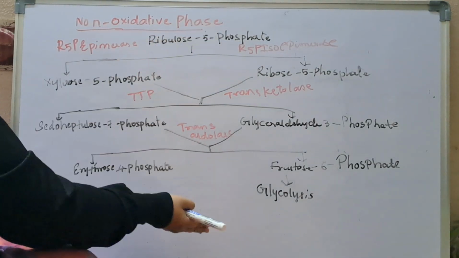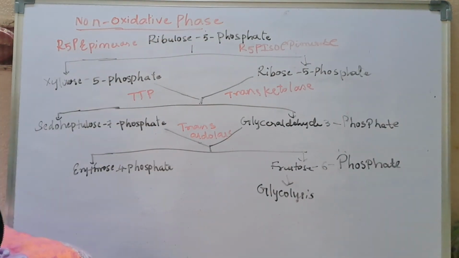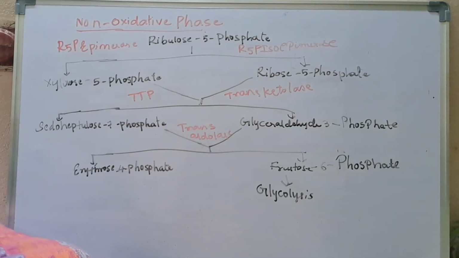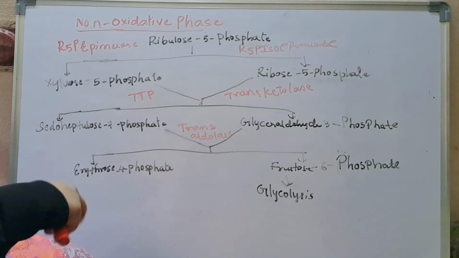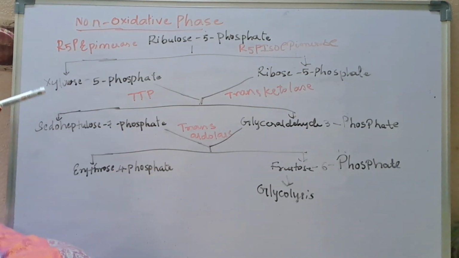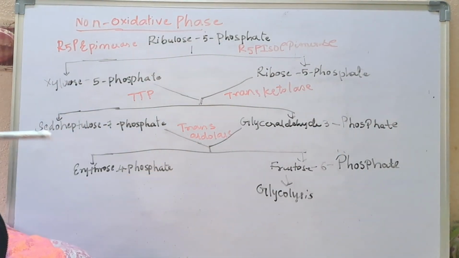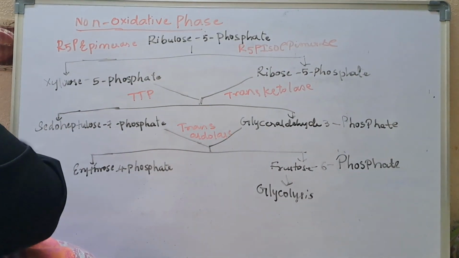And what are the carbons involved? In the oxidative phase, we get NADPH, where NADP plus is converted to NADPH with the help of magnesium and water, and also with the help of the enzymes. Here we are converting sugars to glucose, which is the point of glycolysis.